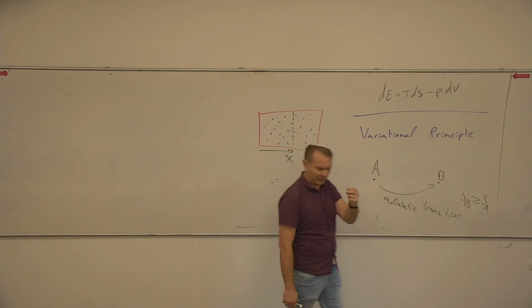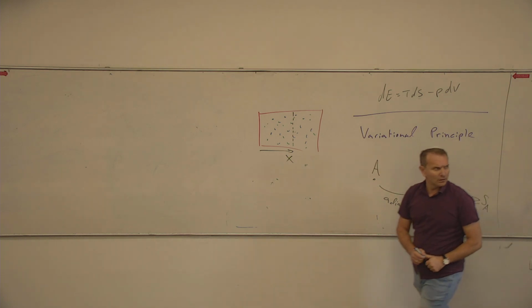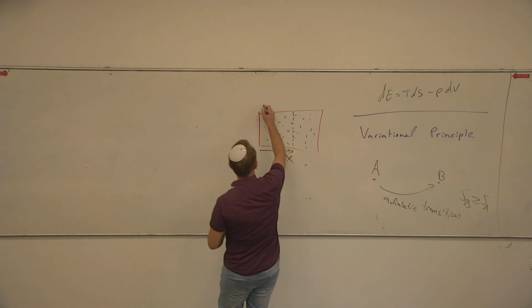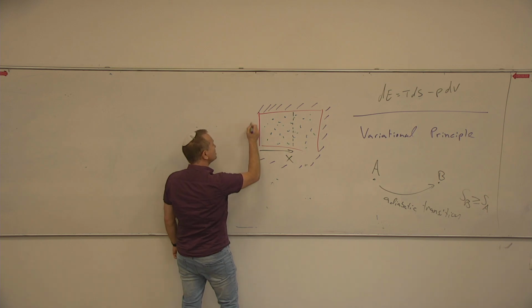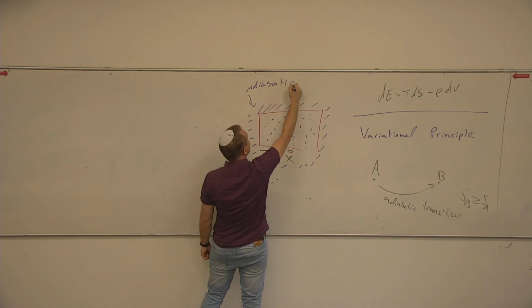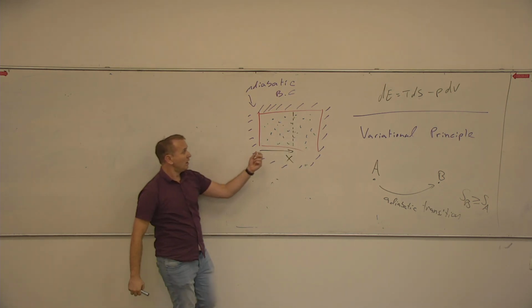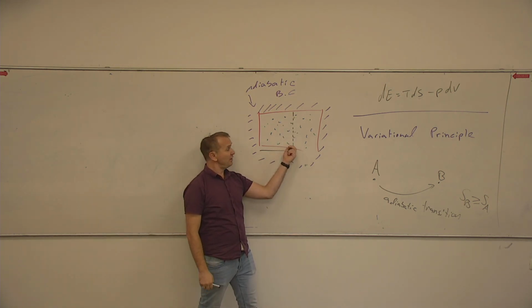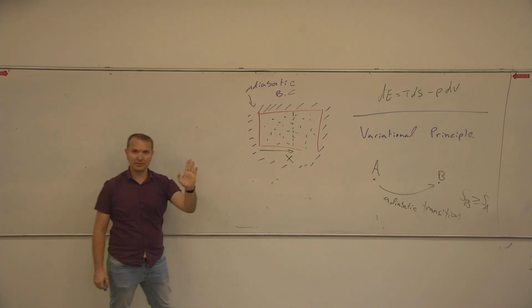So I know the following. I will control the heat such that it won't enter my system. So I put adiabatic boundary conditions. And somehow eventually I will put my membrane at some position X. What will happen?